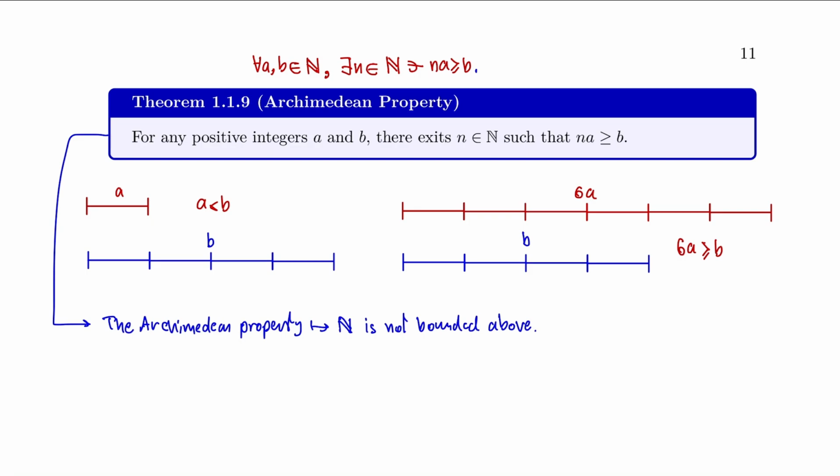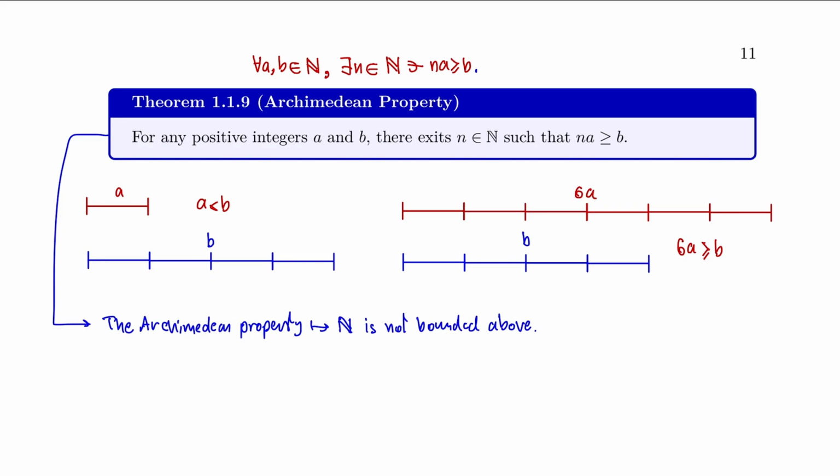Okay, it's not bounded above. It's like you pick any two positive integers and you multiply one of the integers, then the number that is multiplied can be greater than or equal to the other number.